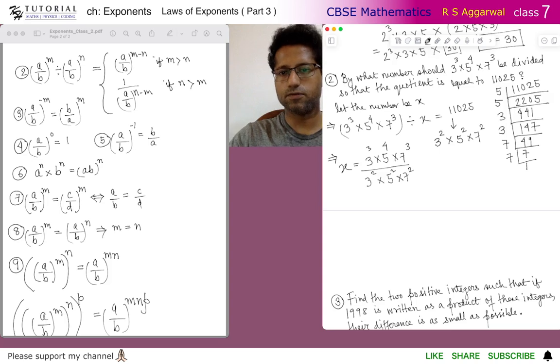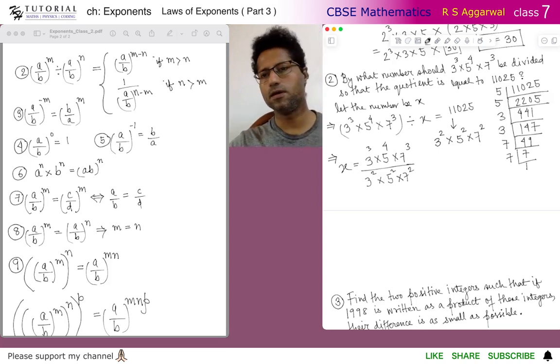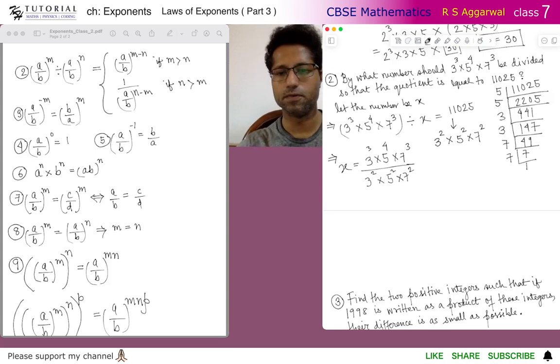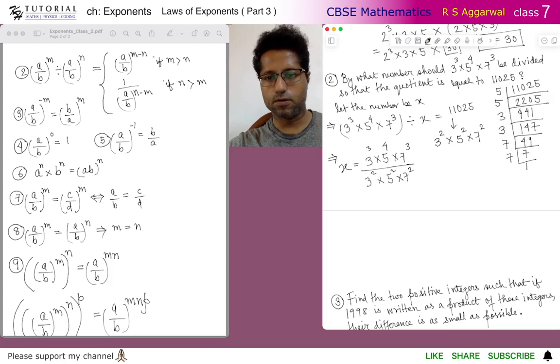Now this kind of simplification is easy because both the numerator and the denominator are products of exponents, and we have similar bases in all the products. The numerator has the bases 3, 5 and 7. Also the denominator has the bases 3, 5 and 7 with some powers. So it is now simple.